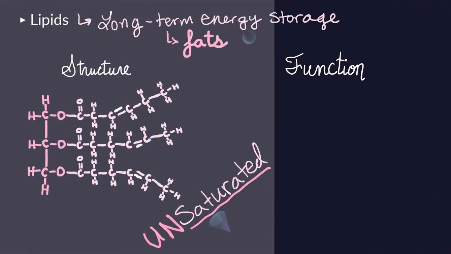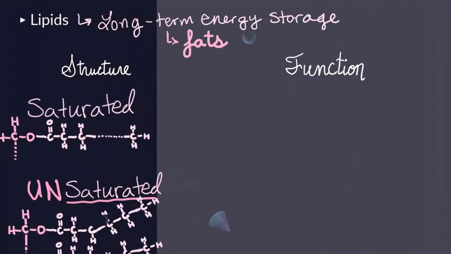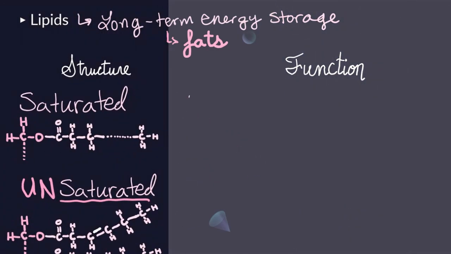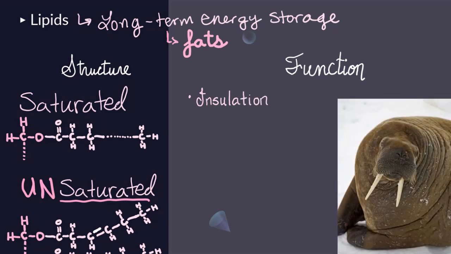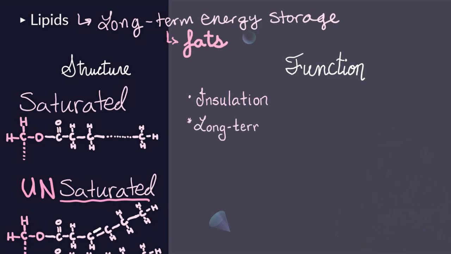Now, transitioning from structure to function, fats can be used for insulation or cushioning, but one of their main functions, in addition to this one that we mostly usually know about, is that fats actually serve as long-term energy storage.